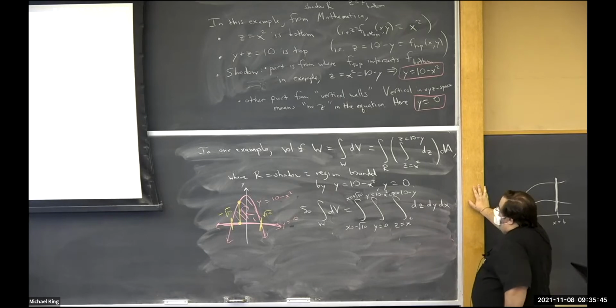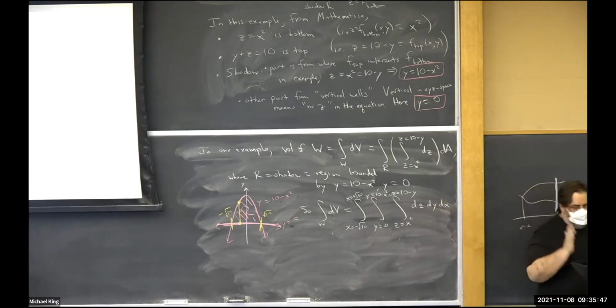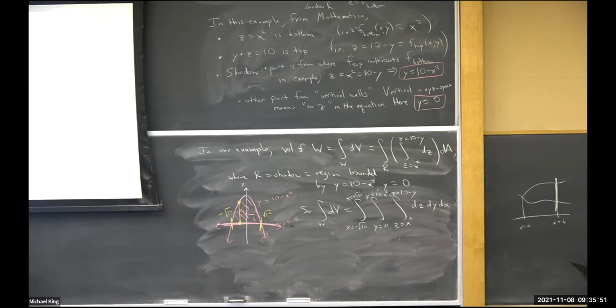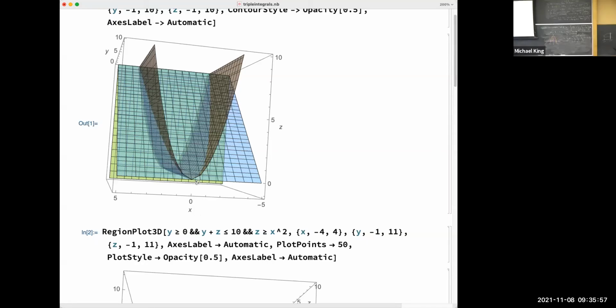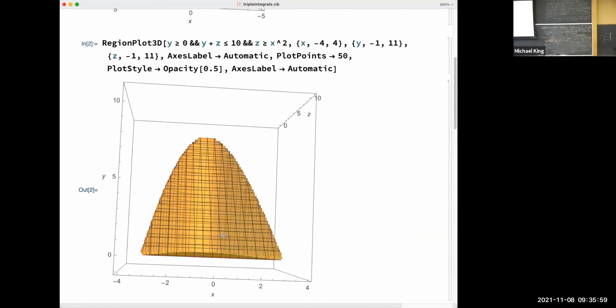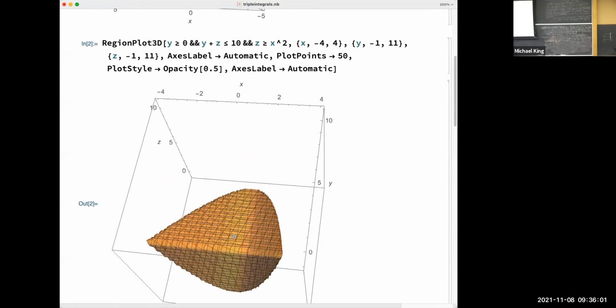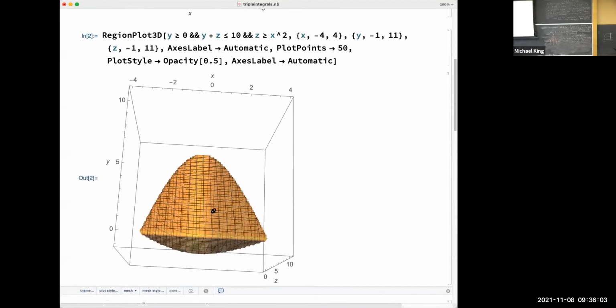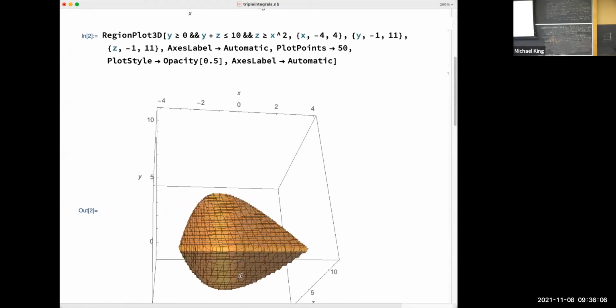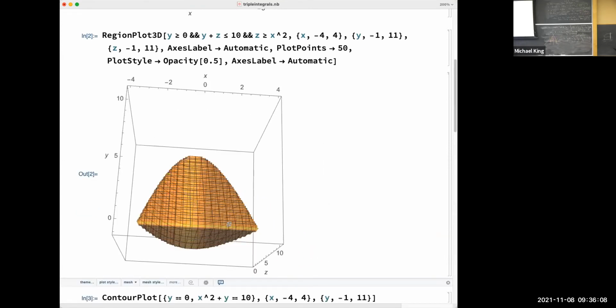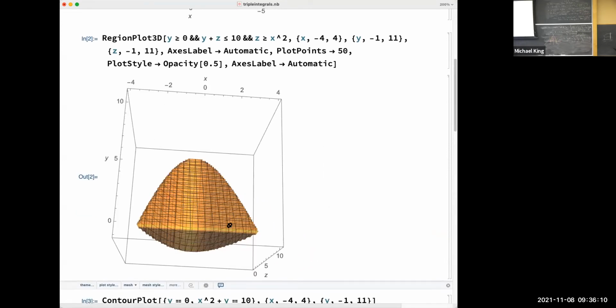So it turned out that this figure had a nice shadow in the XY plane. So in that case, we had a top and a bottom surface, and then the shadow in the XY plane, right?